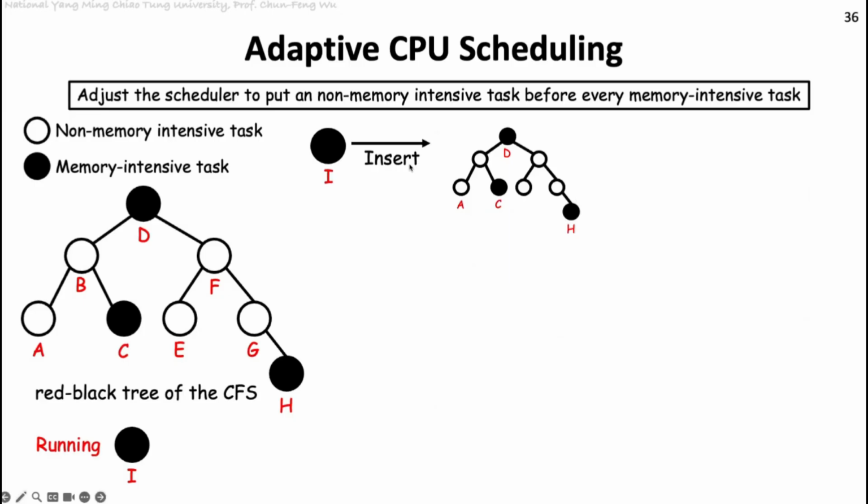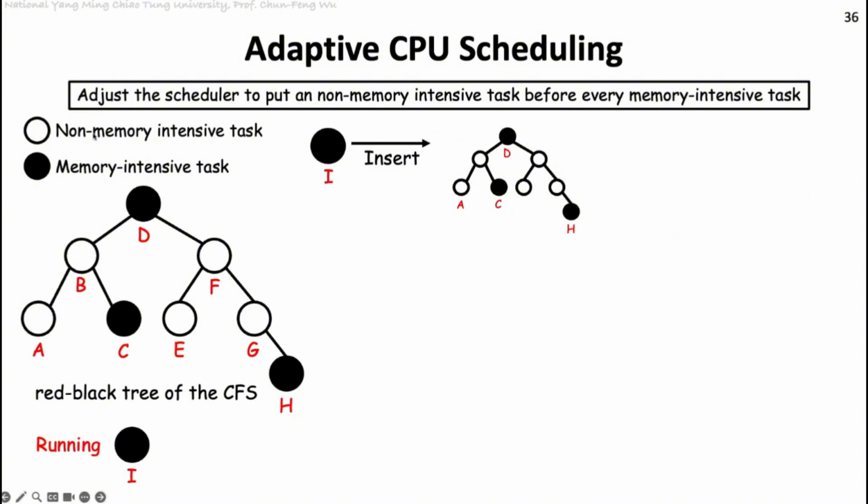The reason why we are going to modify CFS is because in current systems, there are usually memory intensive and non-memory intensive tasks. For example, if you are using a Spark system, sometimes it will be non-memory intensive because the Spark system is processing logs, these kinds of things.